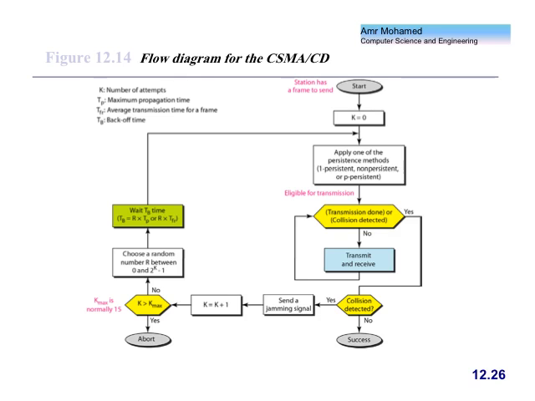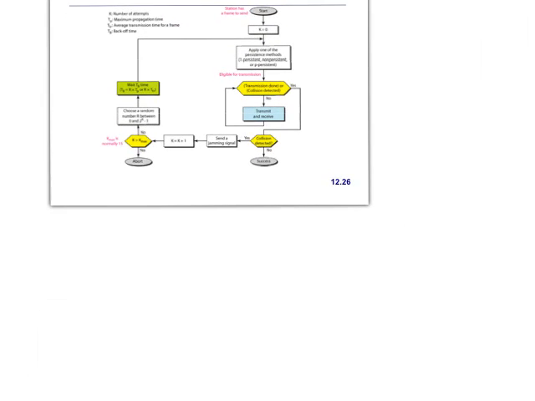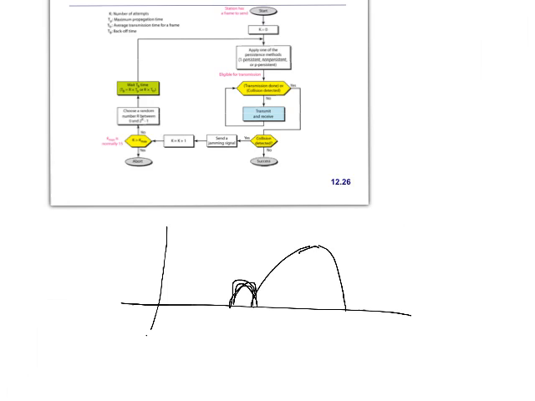So it's like you have the channel, this is the data channel, and you have a small out of band signaling channel here. So the jamming signal is sent over this channel, so it will not interrupt the data transmission. They call it an out of band signal.